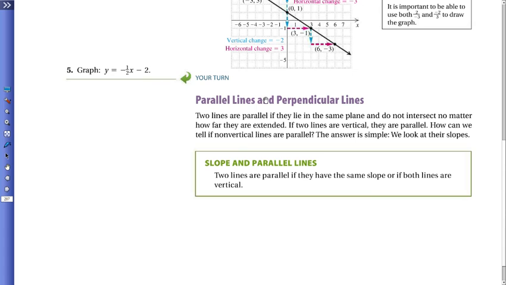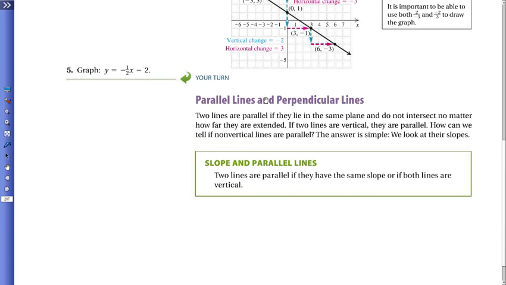Now, parallel lines and perpendicular lines have a relationship with their slopes. If I have a line and I know its slope, and I say I have another parallel line, I'm going to be able to tell you something about the slope of that line.